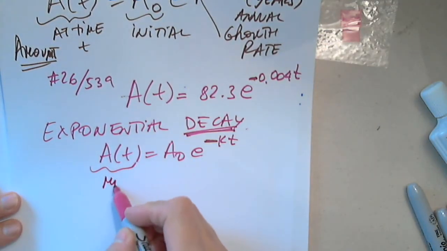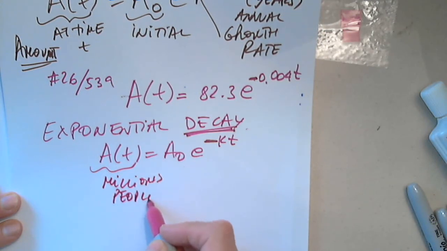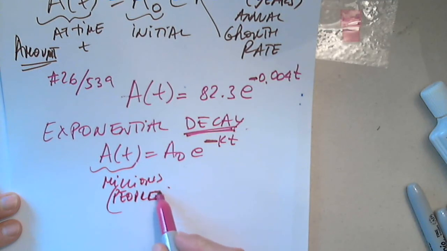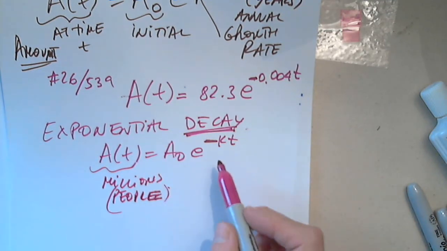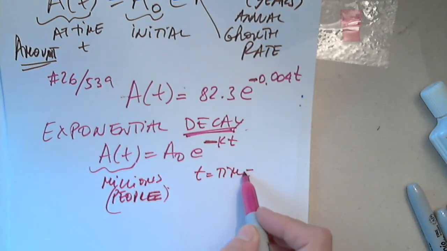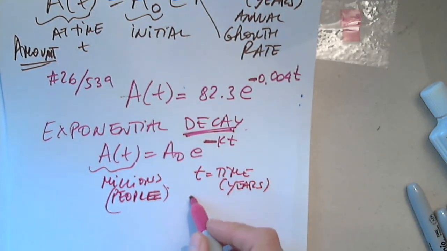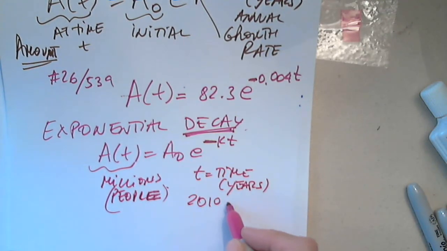So this is in millions, people, of course. t is time in years, of course. And it says since 2010, which represents the initial, so 2010 means 0 years, as we just had in a different example.